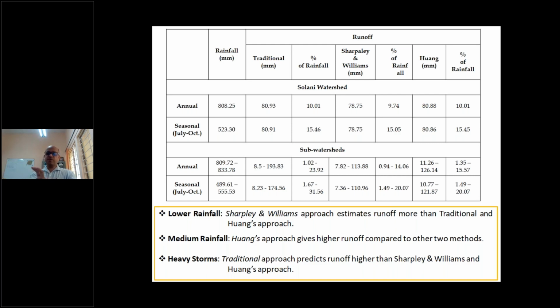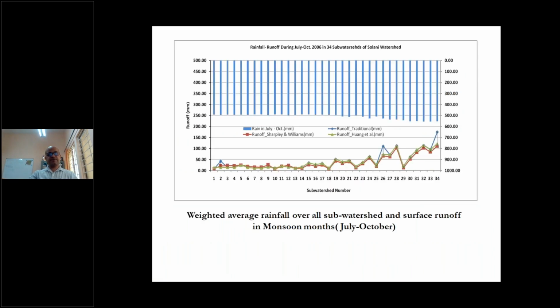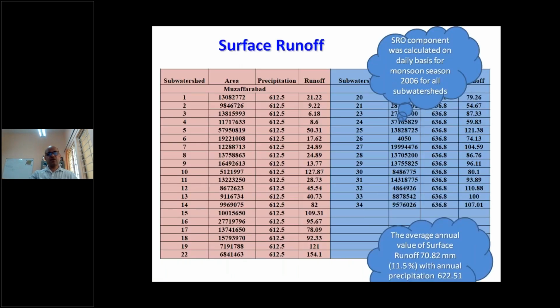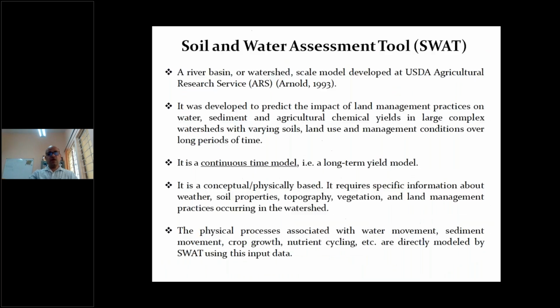So this appears to be more realistic. Of course, you need to have observed data to validate this. But the point here is, using geospatial data, you can calculate surface runoff. If your model has a routing algorithm also, you can even calculate the discharge from a catchment. So I will not dwell on these runoffs.